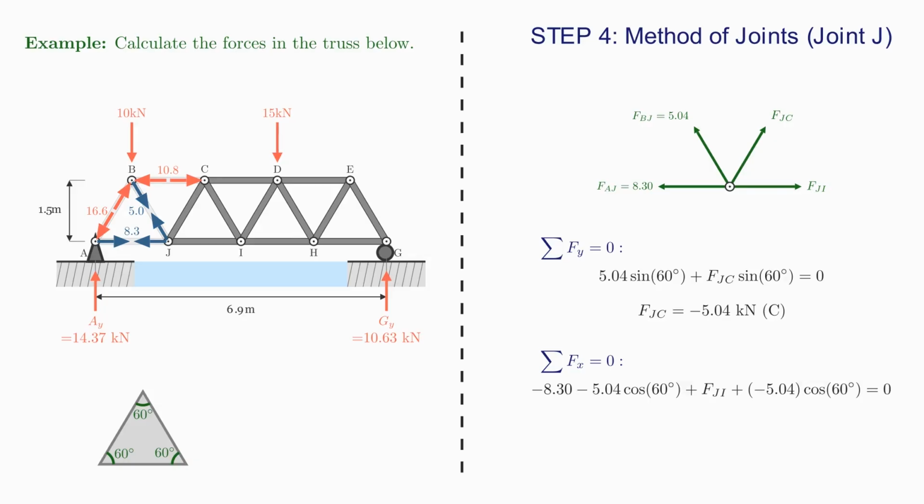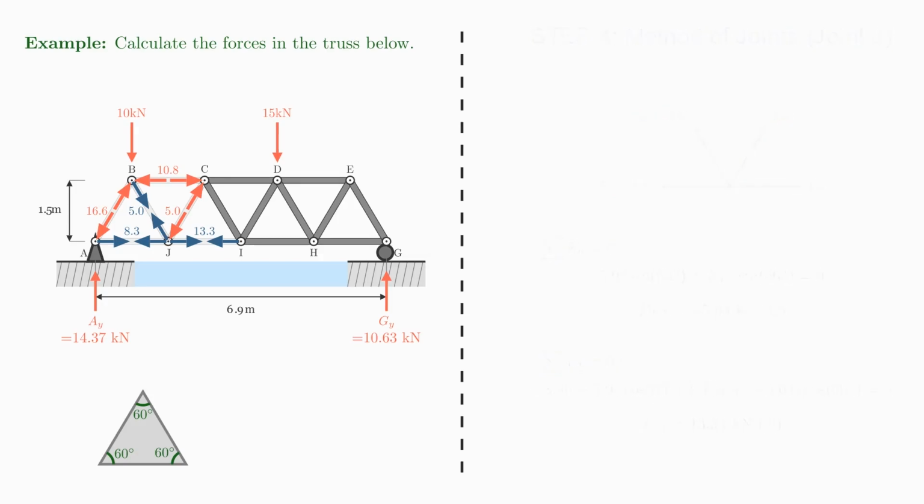Rearranging and solving, I get that FJI is 13.34 kilonewtons. Since it's positive, our assumption was correct and it's acting under tension. We can move along to the next joint, which is joint C.